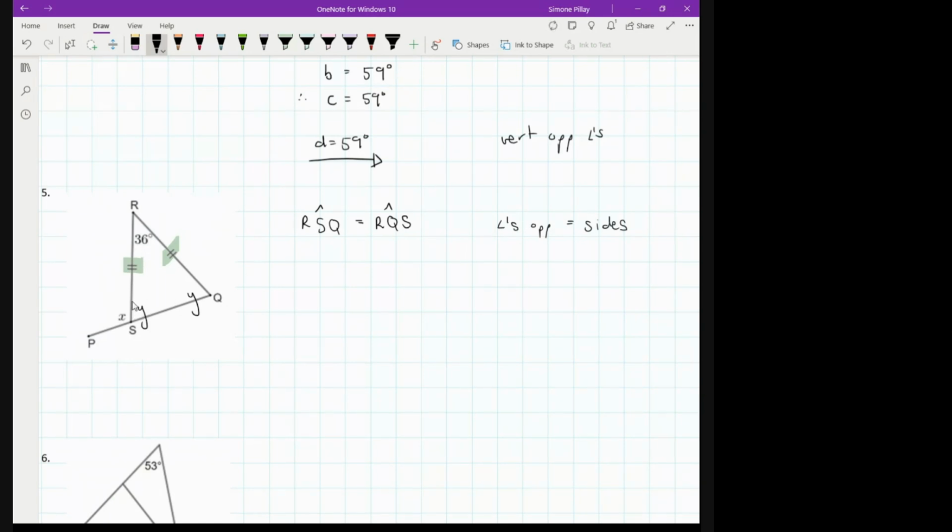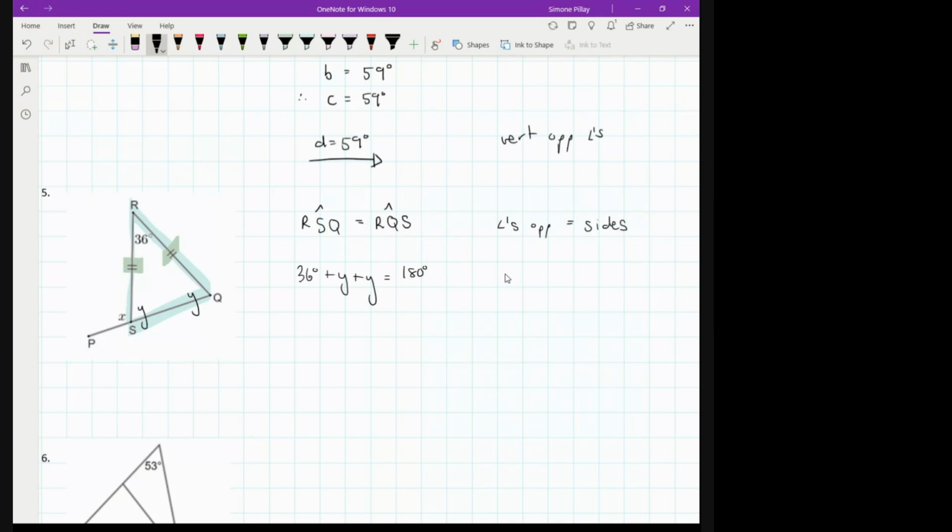Now that we know both of these angles are equal, what can we do? We can use interior angles of a triangle. 100% we can. What is that equation going to look like? 36 plus 2y equals 180 degrees. What's my reason?